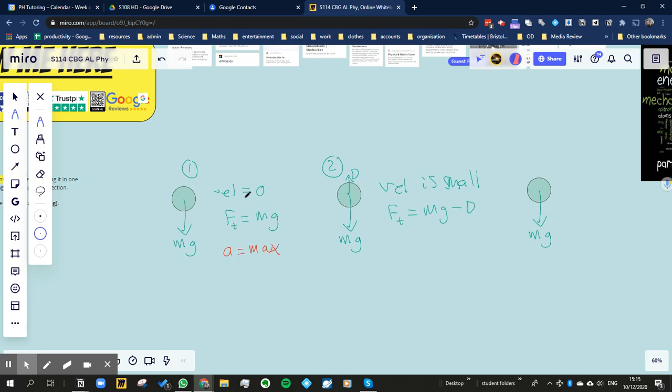So even though the velocity is 0, the acceleration is at its maximum. Now the force is reduced, so the acceleration has reduced.